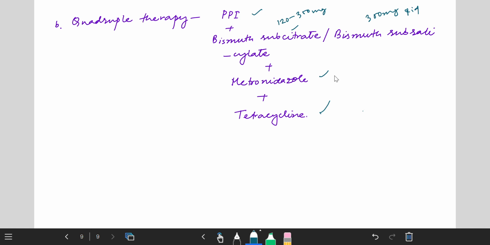Metronidazole dose will be 250 or 500 mg QID. Tetracycline dose is 500 mg QID. Okay.